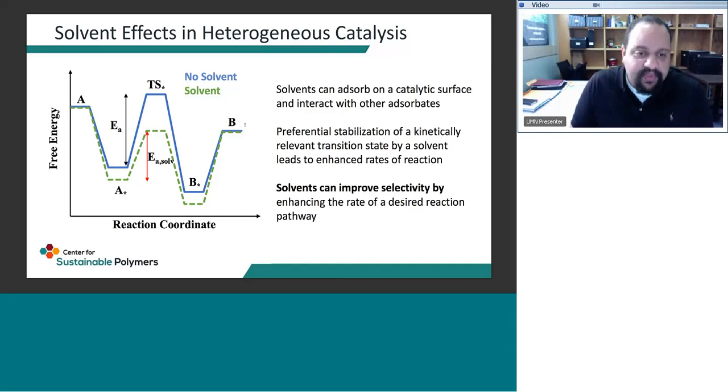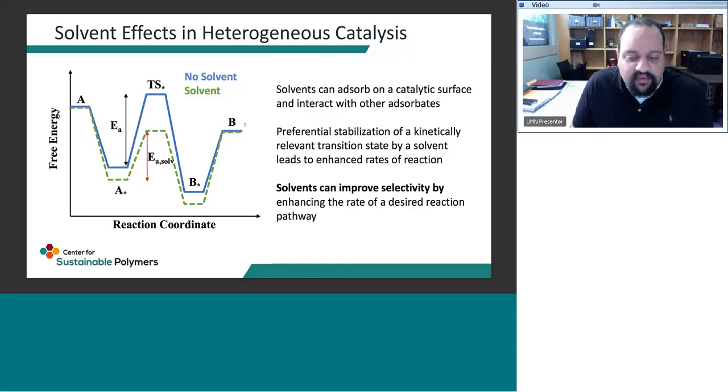Now, if you expand this even further, let's say you had a desired reaction and an undesired reaction. And we commonly see this in biomass catalysis, for example, where we have acid-catalyzed dehydrations. You have a desired dehydration pathway and you have an undesired pathway where you just get polymerization of products to very heterogeneous products.